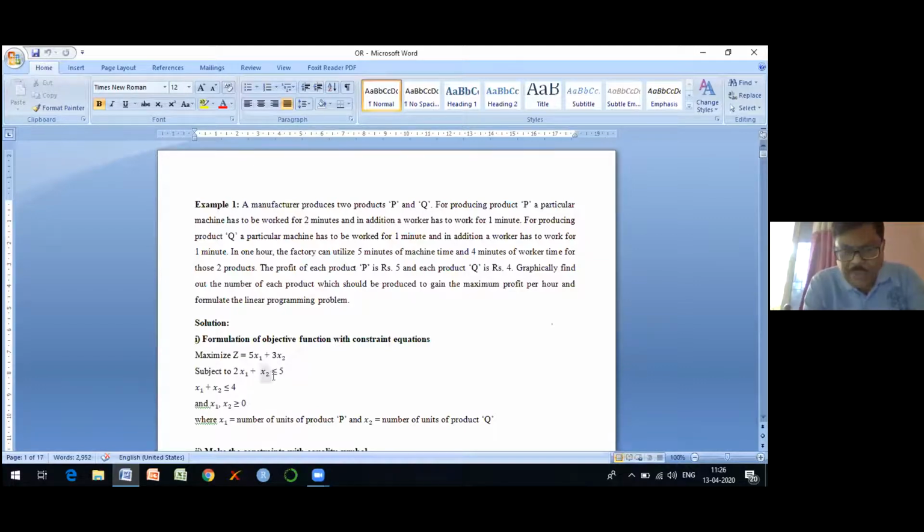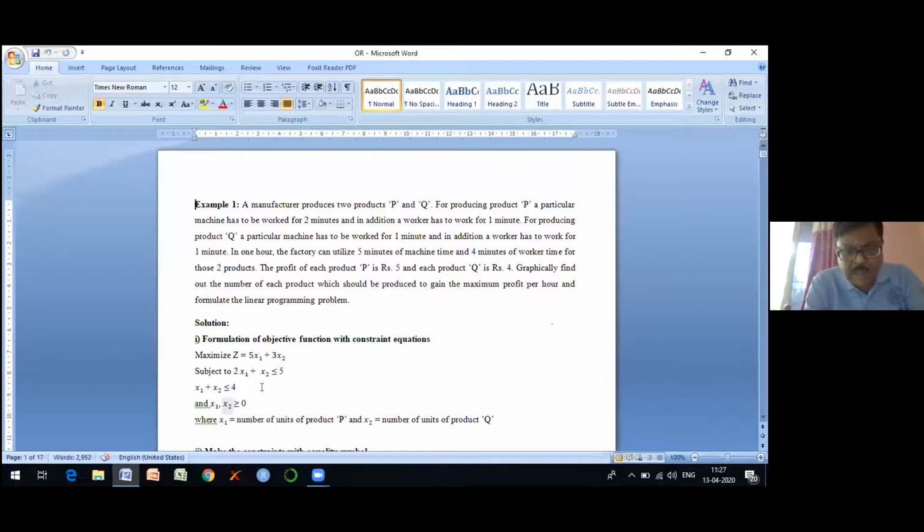So in case of the maximization problem, the nature of the constraint will be less than or equal to, right? So here this is one constraint, 2x1 plus x2 less than or equal to 5. And similarly, we have established another constraint, because our total timing of labor is 4, right?